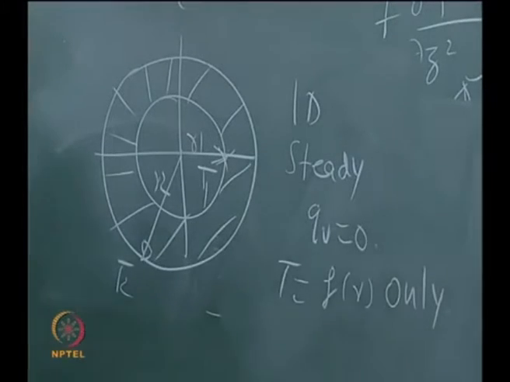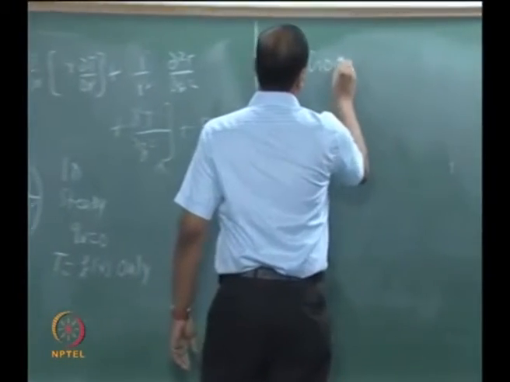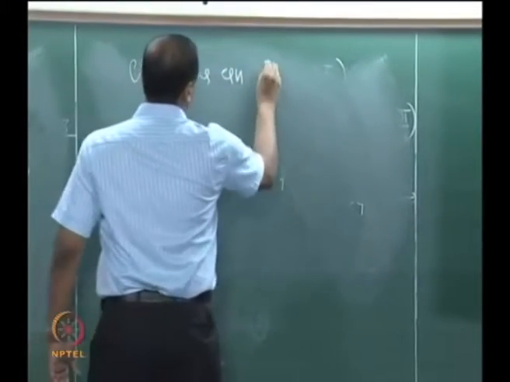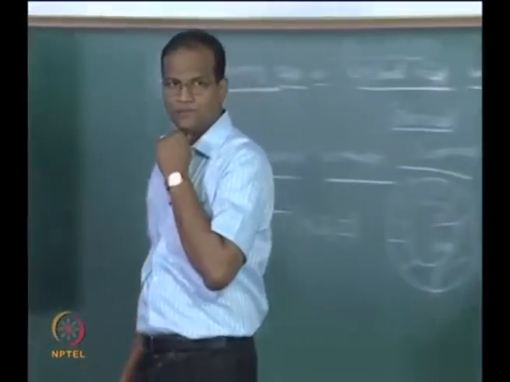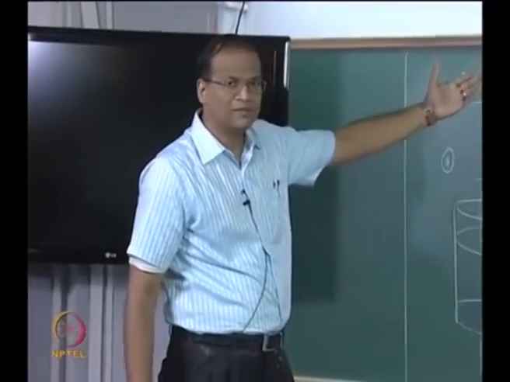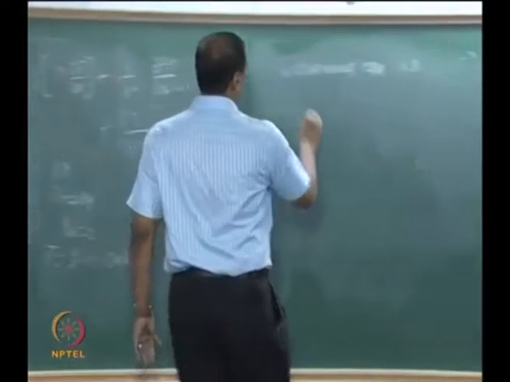Now please reduce the governing equation. The governing equation is, from this, d by dr of r dT by dr equal to 0, that is it.